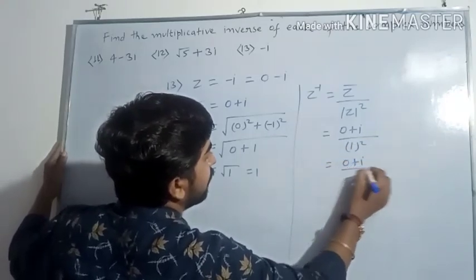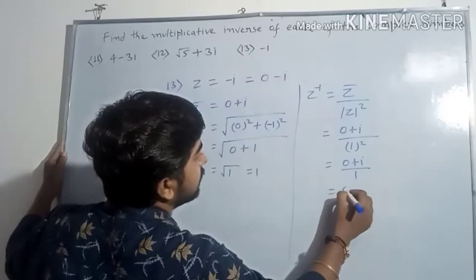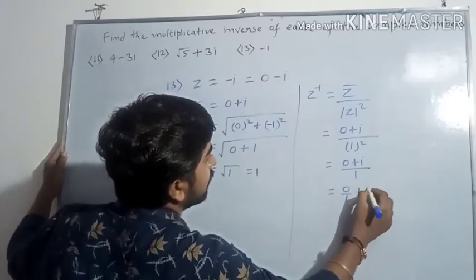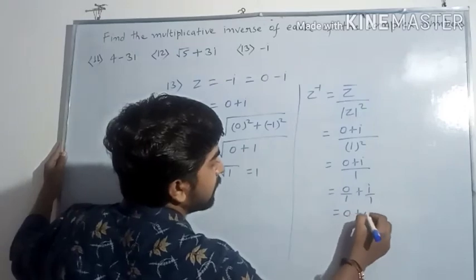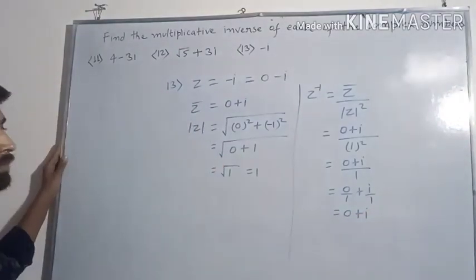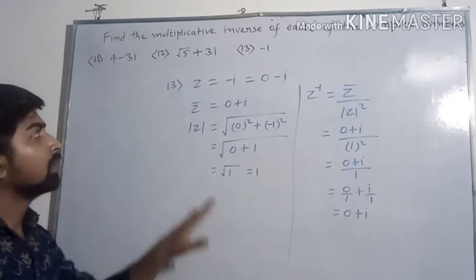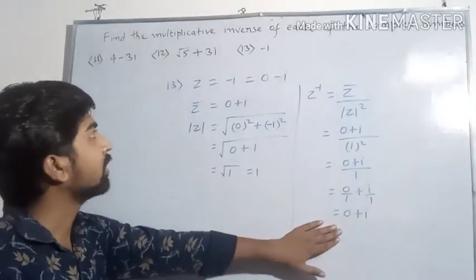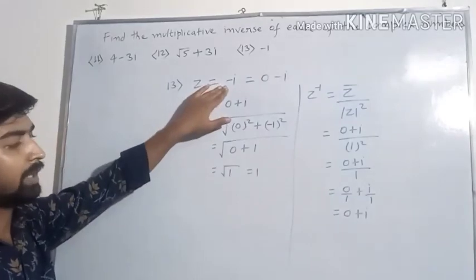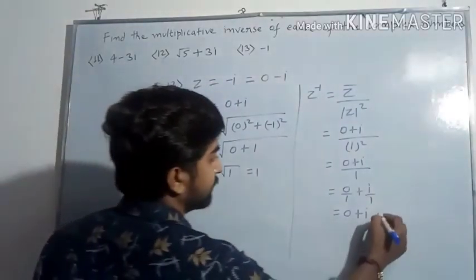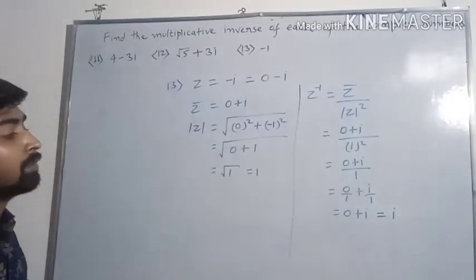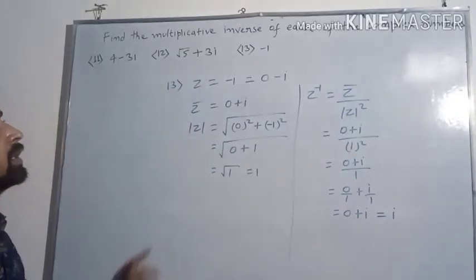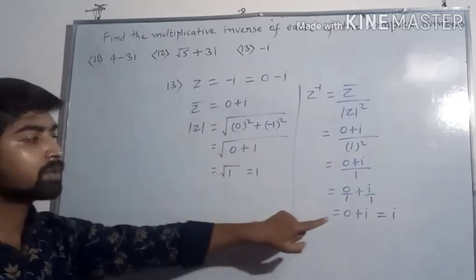So 0 plus i upon 1 equals 0 by 1 plus i by 1, which equals 0 plus i. This is the multiplicative inverse of complex number minus i. We can write it as i, meaning the multiplicative inverse of complex number minus i is equal to i.